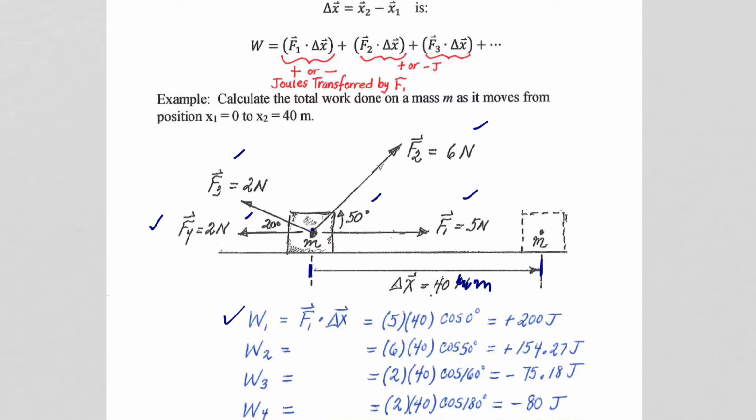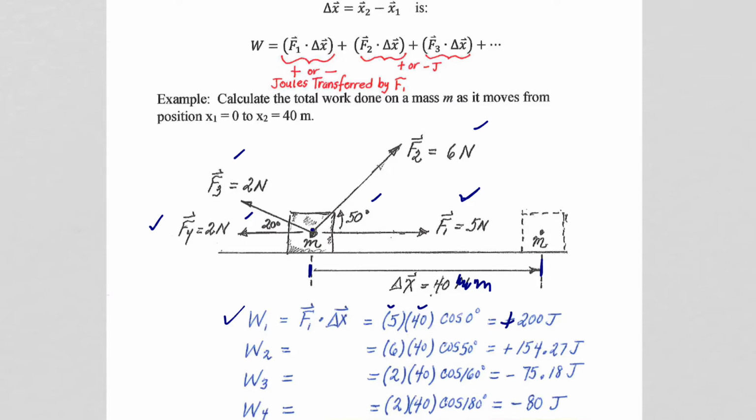I'll take you through the first one here with the magnitude of the force, F, magnitude of delta X, 40, and cosine of the angle between the two is 0, and that's why we get the positive 200 joules. So F1 is transferring 200 joules to the object.